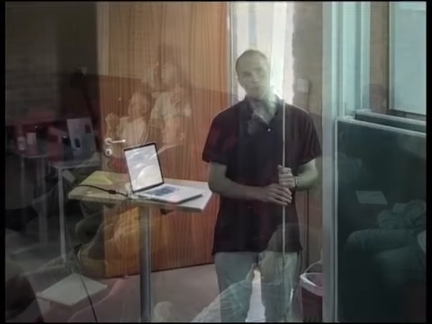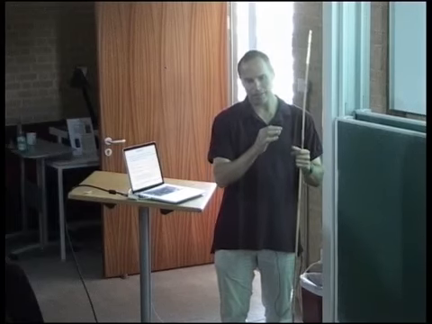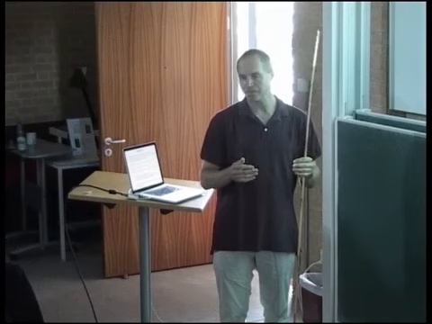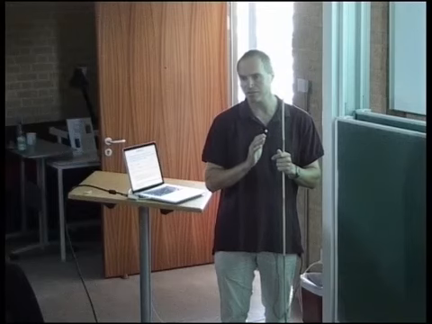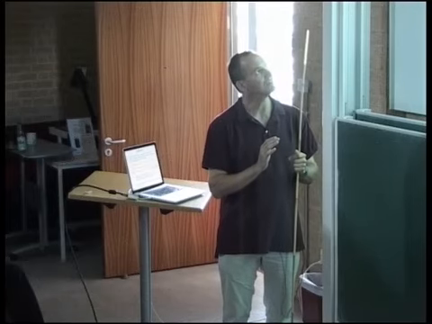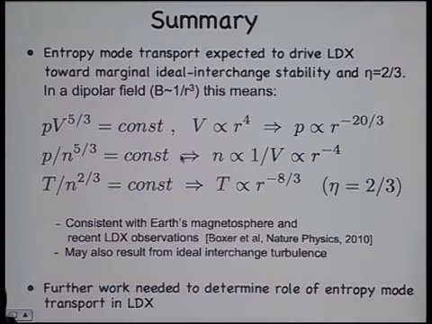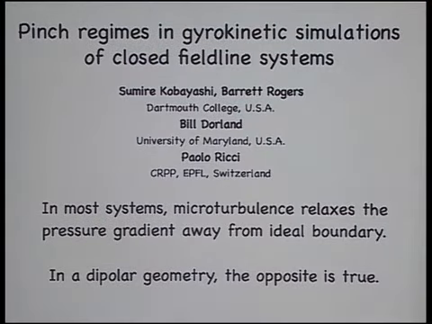Well, all that you'd expect, so if η = 2/3, suppose that you were therefore stable to ideal interchange and entropy mode, and you're fueling it. So it seems to me that both gradients are going to start to steepen. So the pressure gradient. Yeah, but your statement is that entropy mode transport is expected to drive LDX towards marginal ideal interchange stability. Right. Your gradient is really driving it towards η = 2/3.